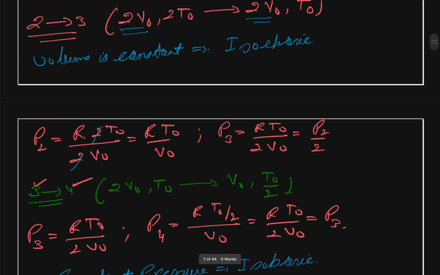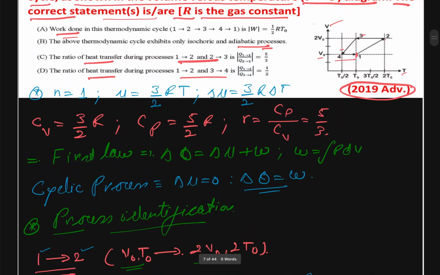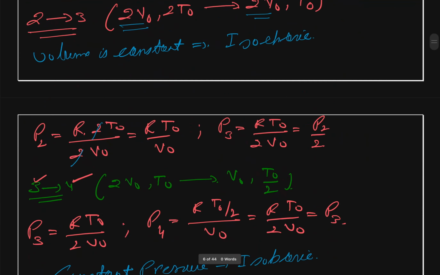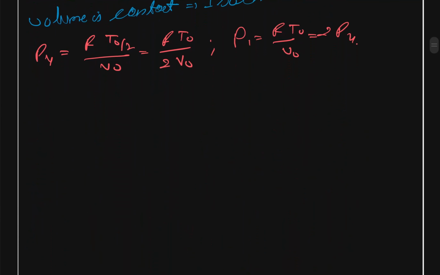Let's come to option A. It states that we have to find out the work done for the entire process. We have isolated the process types for each, and let's find out the work done.